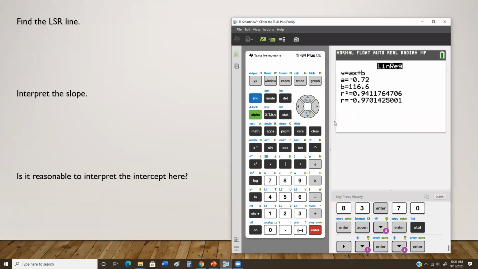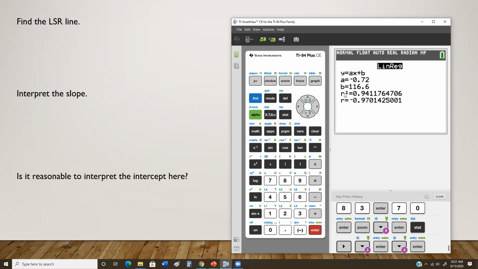This is fantastic news right here. Does your calculator do this for you right on the screen here? What do you guys think? Yeah, this part right here is the regression line on your calculator, okay? So it looks like a, the slope, is negative 0.72, okay?